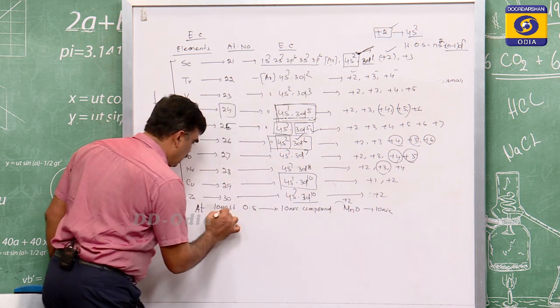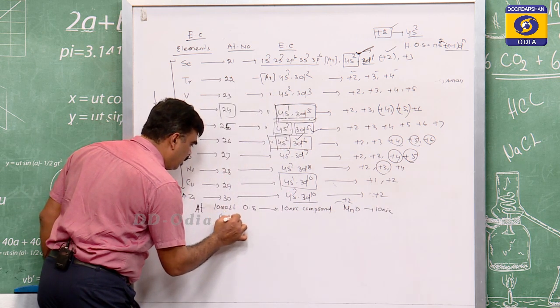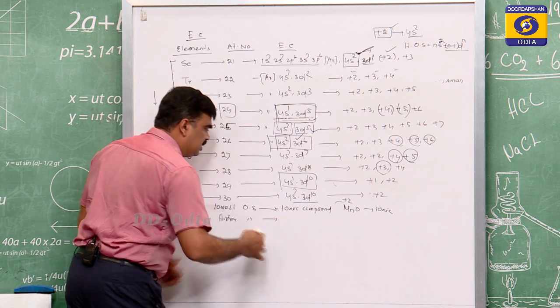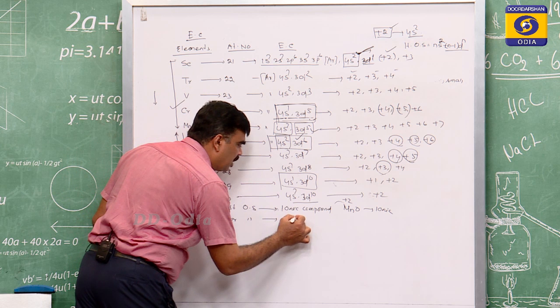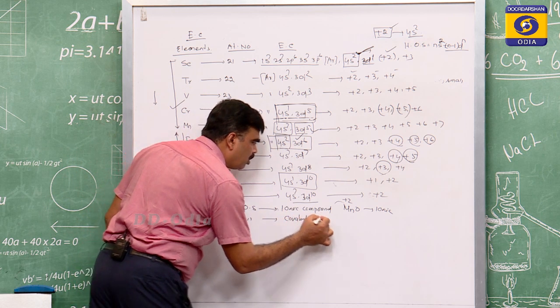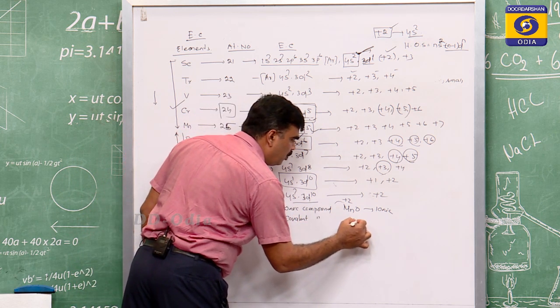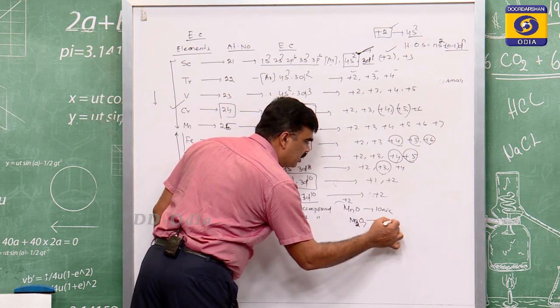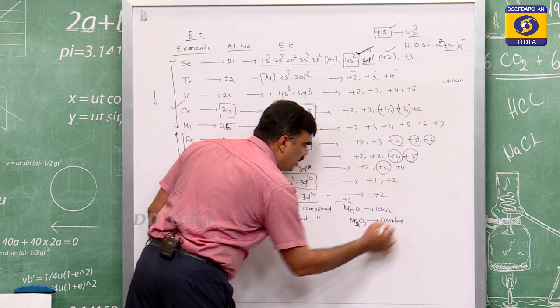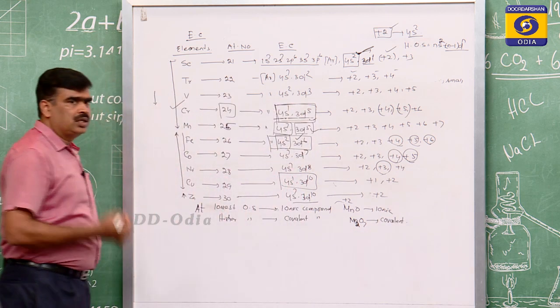And in higher oxidation states, जैसे जैसे increase करती जाएगी, covalent compounds are formed. Mn2O7 is covalent. That means with increase in oxidation state, the covalent character increases.